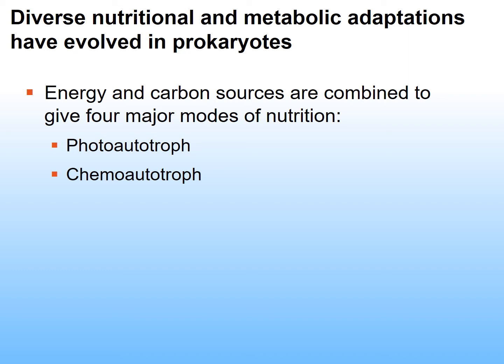So basically, the carbon is going to come from something like carbon dioxide or bicarbonate. And then a photoheterotroph is going to be an organism that obtains their energy from light. And then, of course, being a heterotroph, they get their carbon from an external carbon containing compound, like organic compounds.